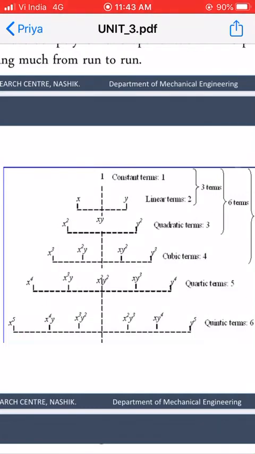Then if we want to write down a quadratic two-dimensional polynomial shape function, how do we write it down? For this quadratic polynomial shape function, by using this curly bracket you will get these 6 terms here. By using these 6 terms you can write your two-dimensional polynomial shape function.